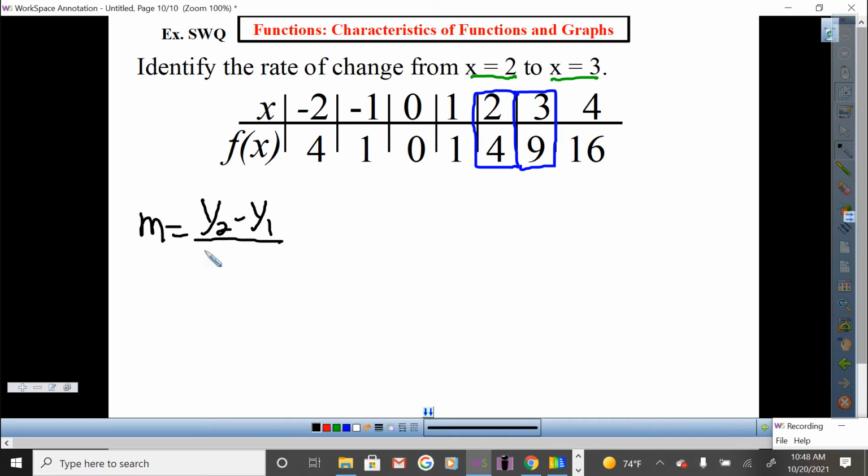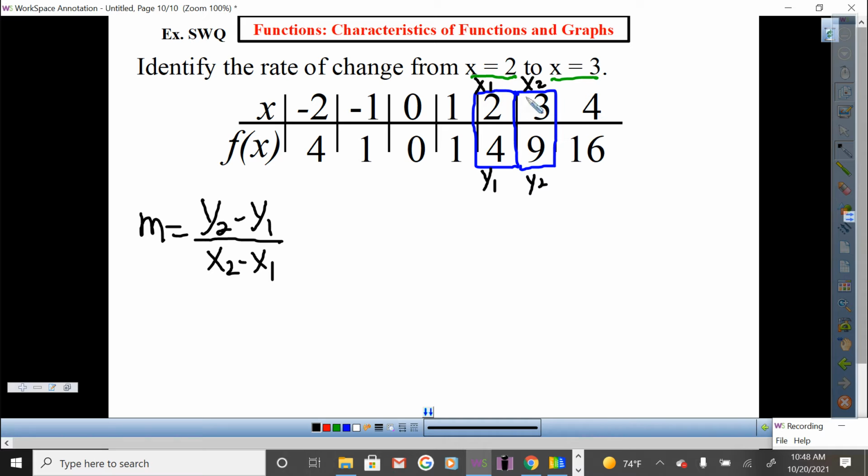Yeah, you use the formula. M equals y sub 2 minus y sub 1 over x sub 2 minus x sub 1, which means I need to label these. If this is my first one, this is x sub 1, y sub 1. If this is my second one, this is x sub 2, y sub 2.